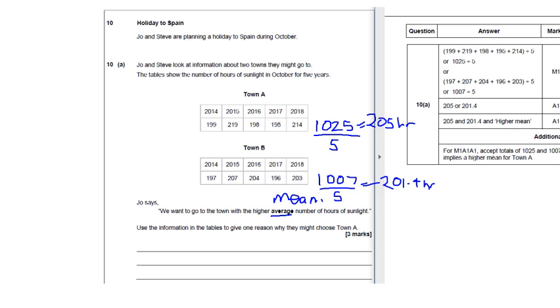Okay, use the information in the table to give one reason why they might choose town A. So town A, figure average. So this last bit is you've got to compare them. It's bigger. So, okay, let's look at the marking scheme.